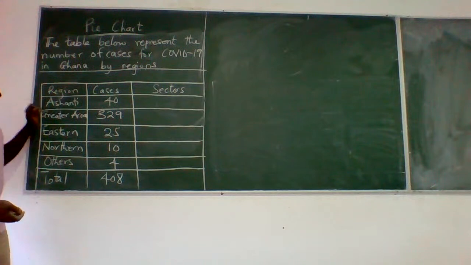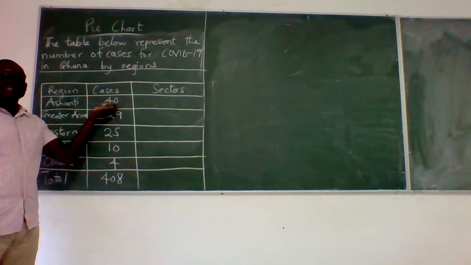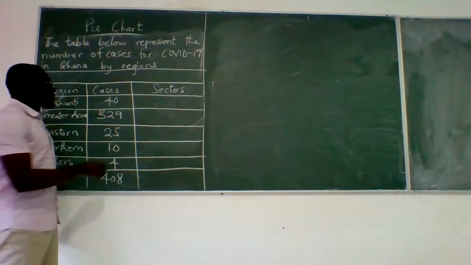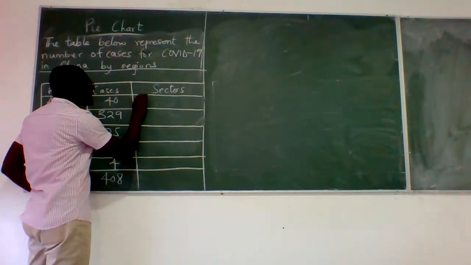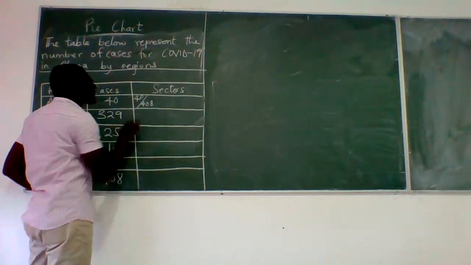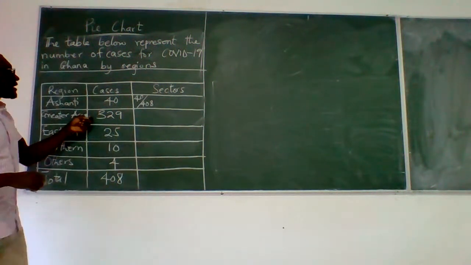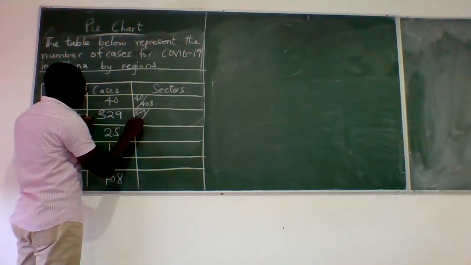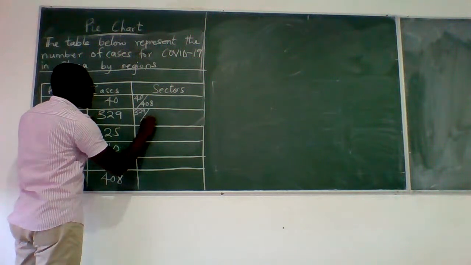And the fractions are just you taking the cases over the total. So here we have 40 divided by 408. When we take Greater Accra, that should give us 329 divided by 408.